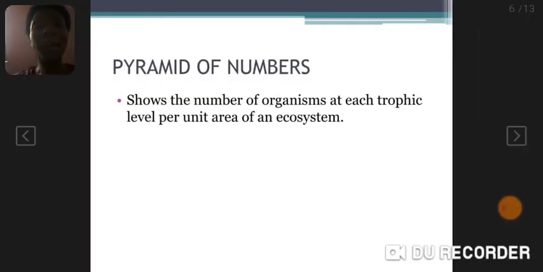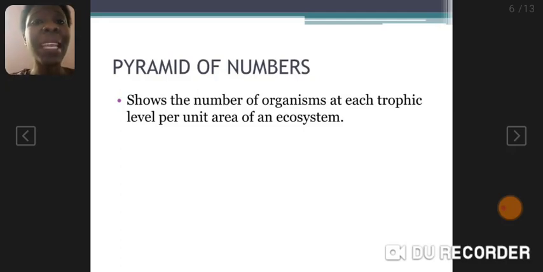Let's now look properly. What do we mean by pyramid of numbers? A pyramid of numbers is an ecological diagram that is used to represent the number of organisms at each trophic level per unit area of an ecosystem.